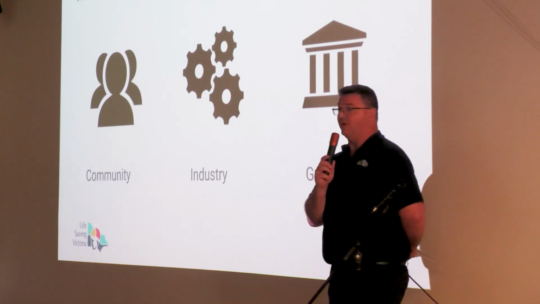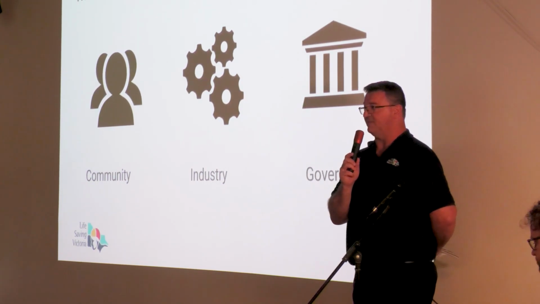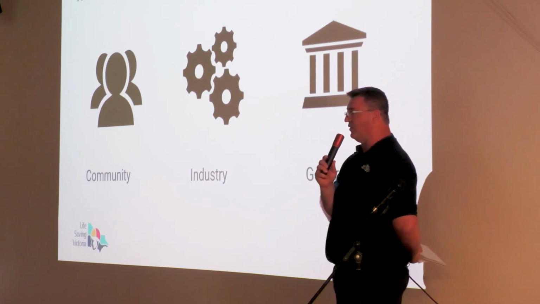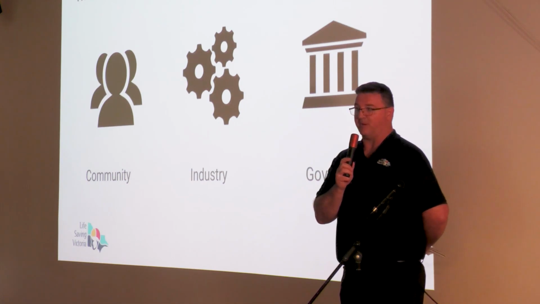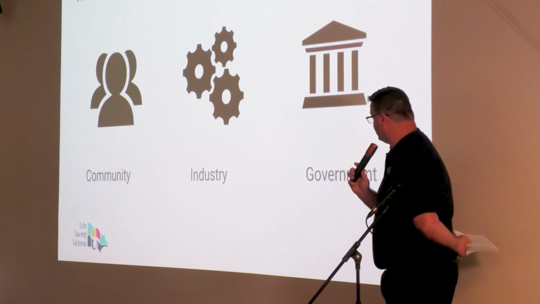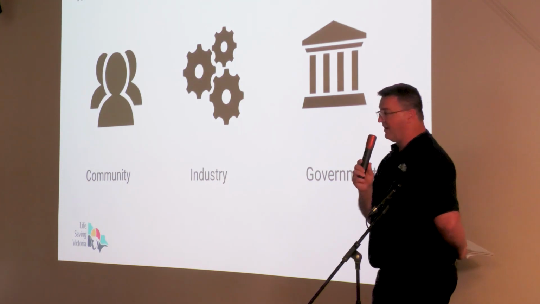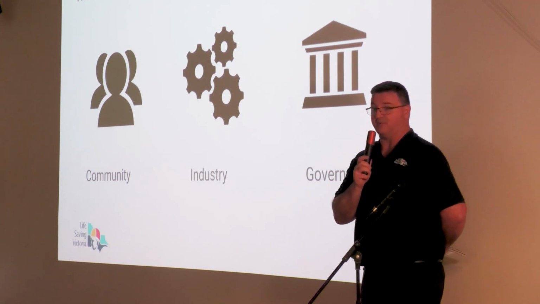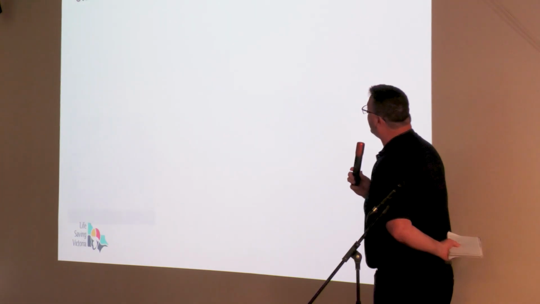Industry, so Lifesaving Victoria is a big part of industry. The data collection that we hold is extremely significant. And we use that data to go and work with local councils and state governments to try and build better, robust approaches to water safety. And of course, government. So without a lot of these strategies, the government, who provide grant funding and a lot of other varying opportunities, play a huge part as well.